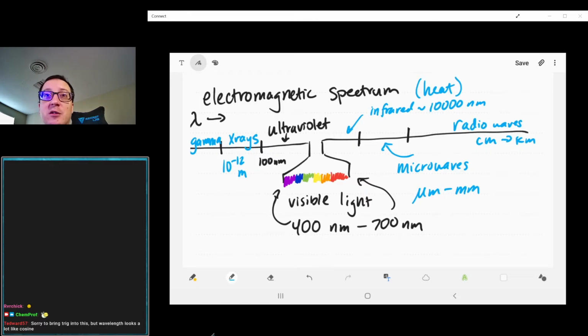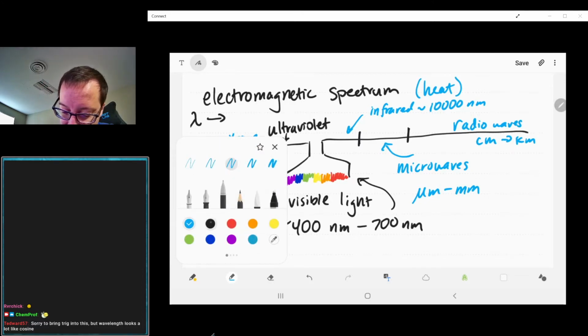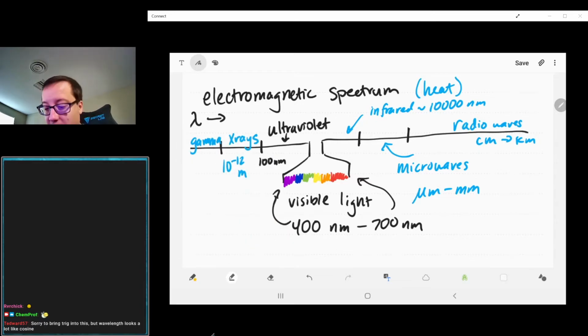And for sure, you don't want gamma rays blasted at you. You've seen the comics where they'll turn you into the Hulk, but that's not going to happen. You'll just die. So energy is going up as we go to the left here. Gamma rays will have the highest energy and radio waves will have the lowest energy.